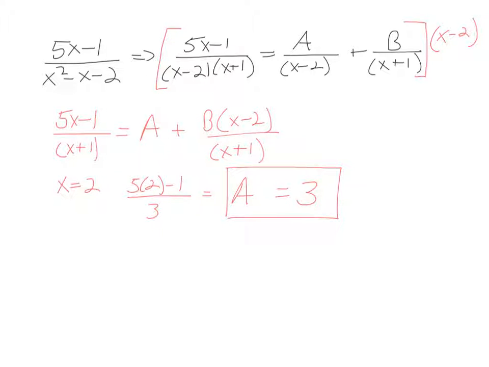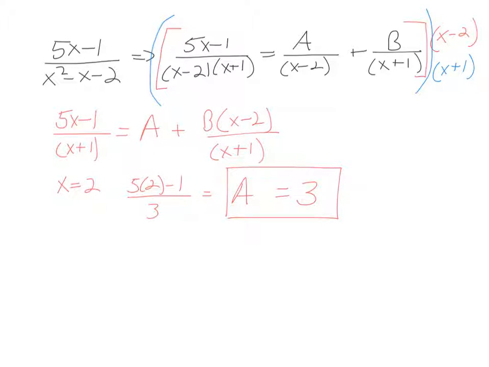Okay, now I'm just left with trying to find my b term. So I'm going to do the same thing, only now I'm going to multiply my fraction by x plus 1. I'm running out of room here, so I'm just going to show you up here in blue that now I'm multiplying this, instead of x minus 2, by x plus 1.